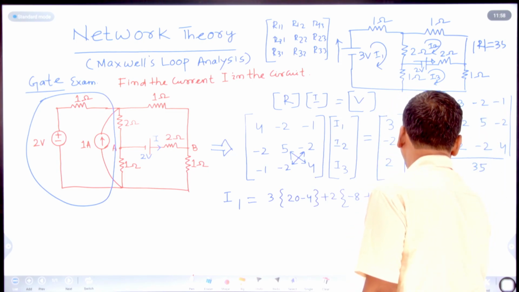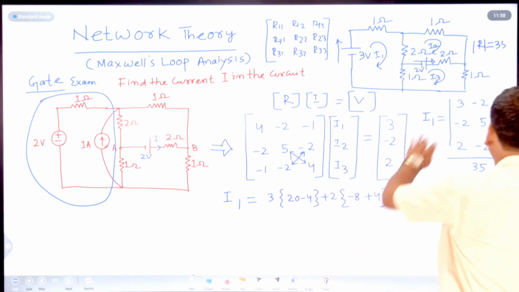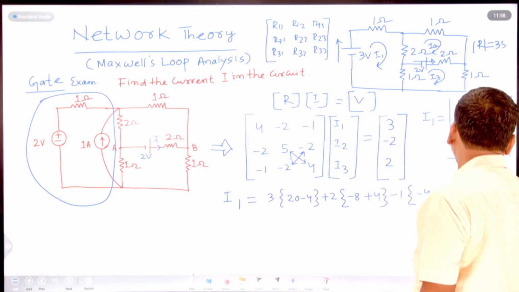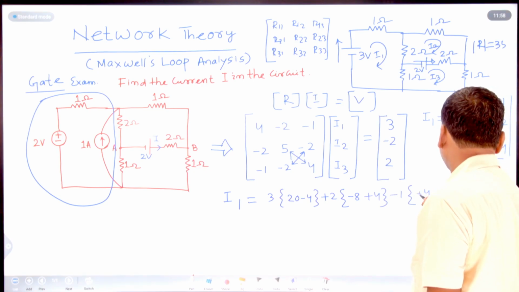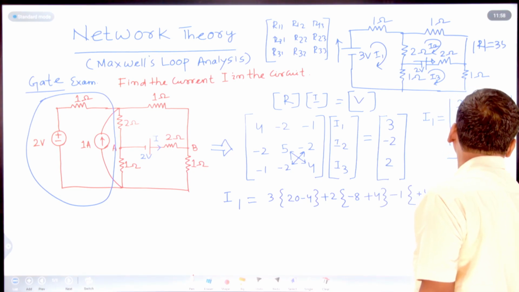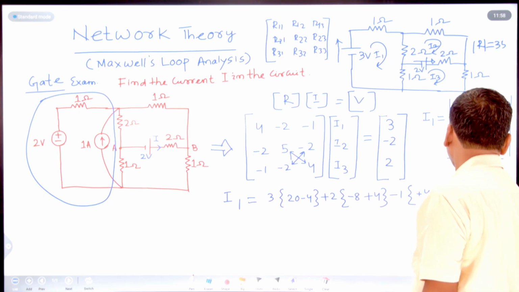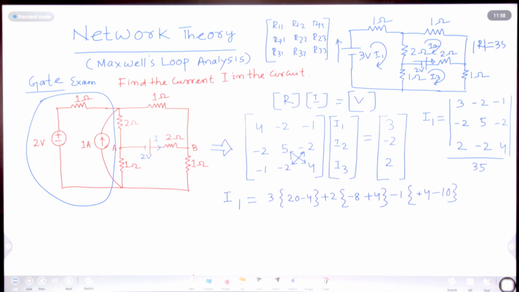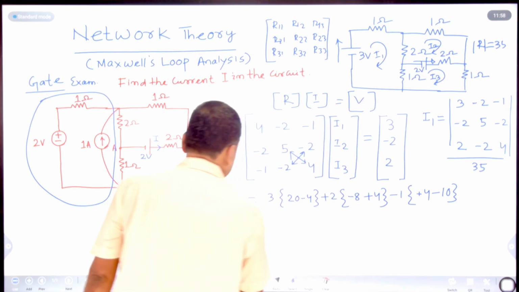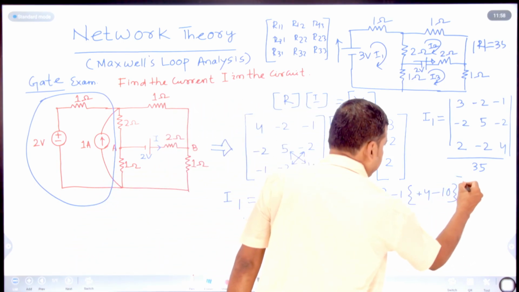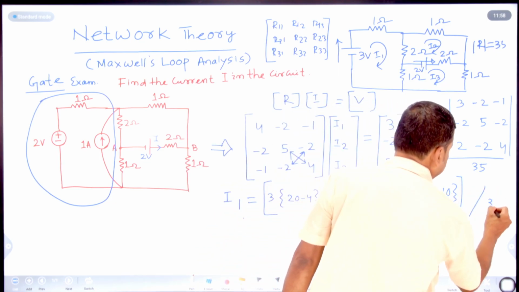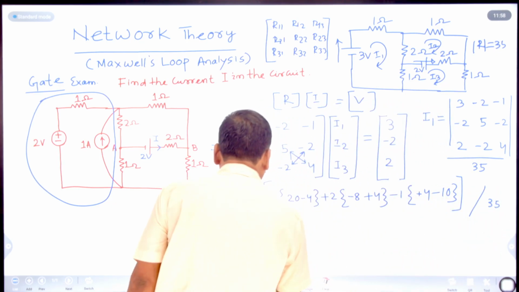Then minus 1, that is your minus 2 into minus 2, that is your plus 4, plus 4 minus 10. Are you clear or not? This divided by 35.